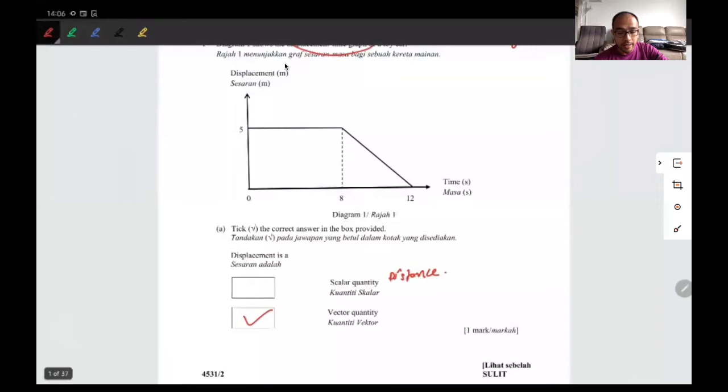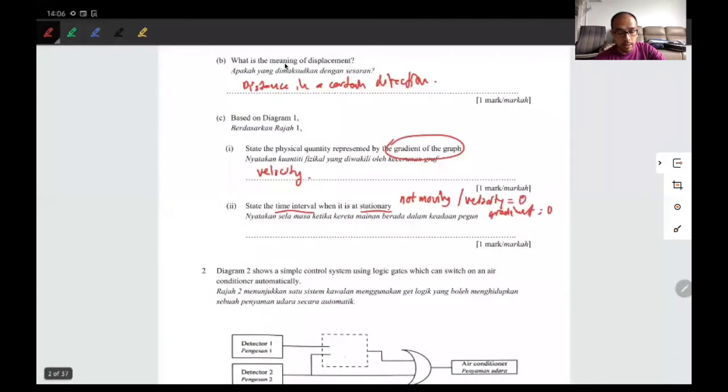So the gradient is 0 over here, and we will say 0 to 8 seconds. They are asking for a time interval, they are not asking for how long. So since you are saying a time interval, you must have a start point and you must have an end point.